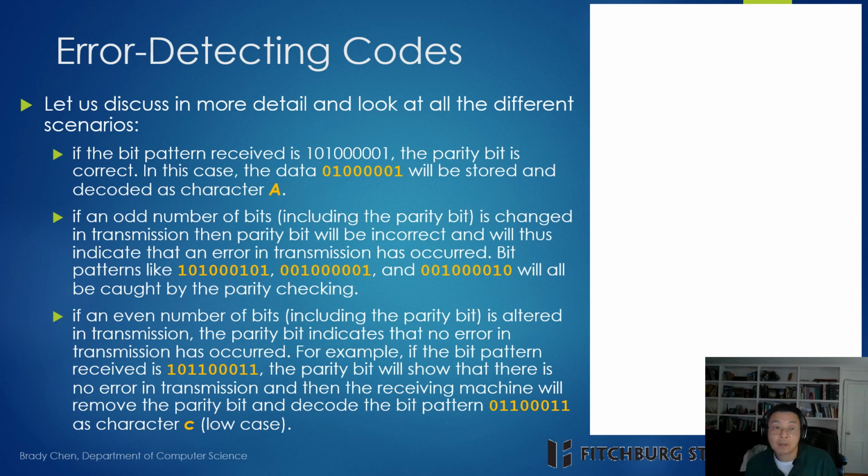Now let's look at all the different scenarios. The first case is probably the simplest. If the receiving side receives the same 9-bit sequence, then the parity checking is going to pass, and we remove the parity bit and take the 8 bits as the correct result.